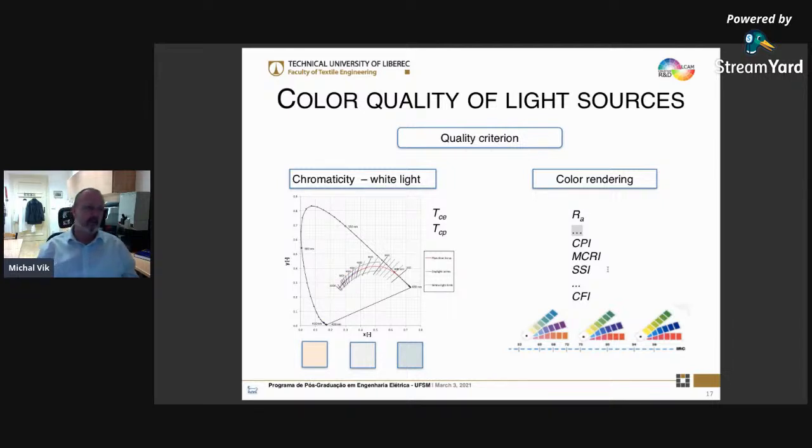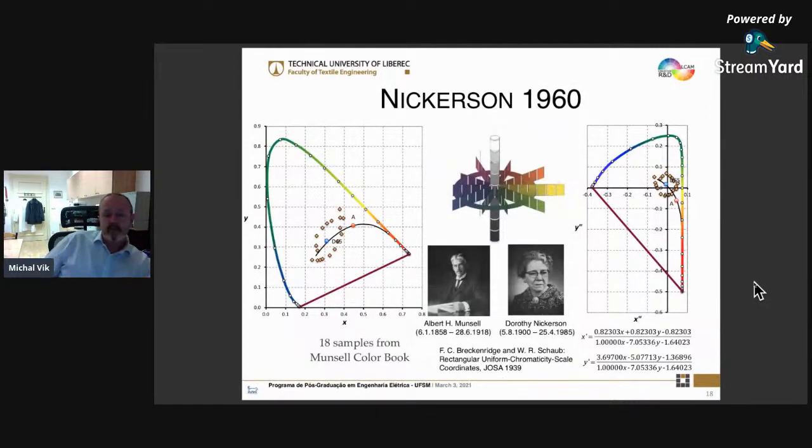For example, the Thornton preference index, or the Smet memory colors index, or the spectral similarity index, which is typically used by movie studios, by authors from Hollywood, etc., because that is important for cameras and for the creation of movies. But for us, it's important to go via the CIE way.